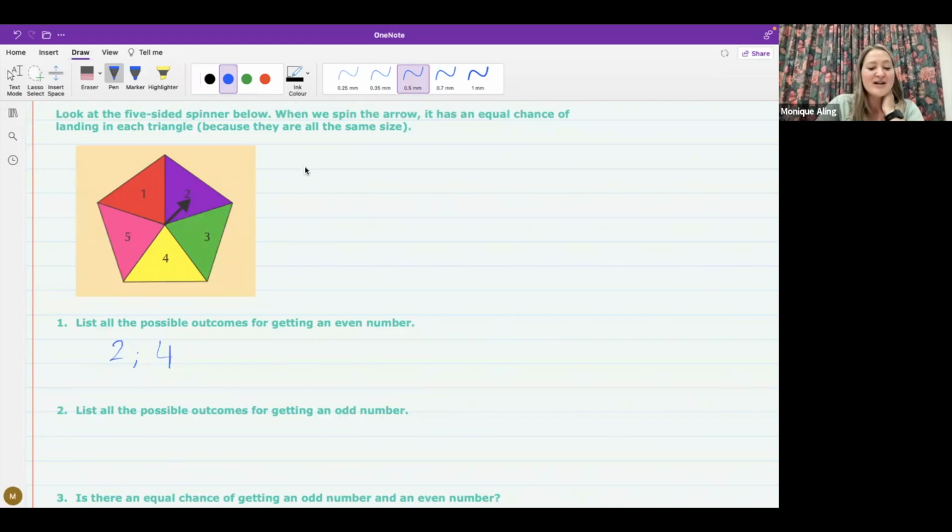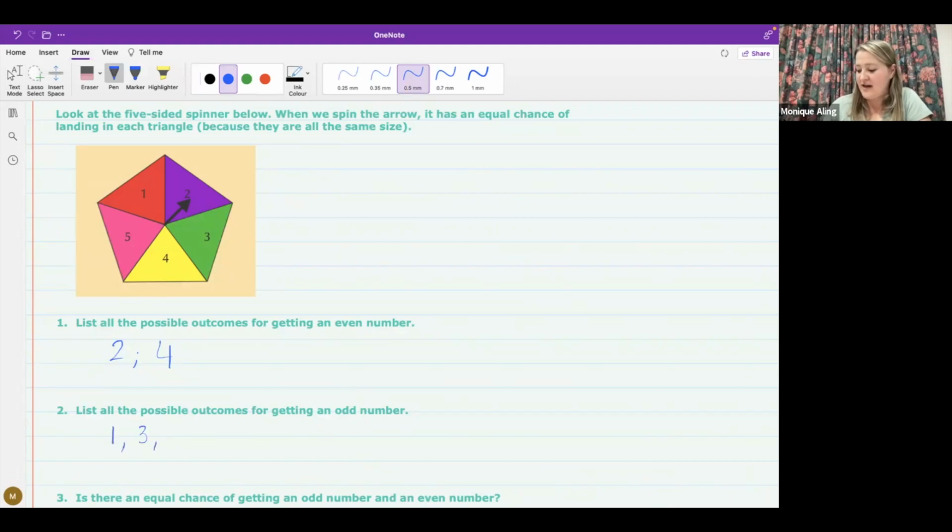Okay, so keeping that in mind, what are the possible outcomes for getting an odd number? So they're not asking for probability. What would the possible outcomes be for odd numbers? It could possibly land on 1, 3, and 5. Good.